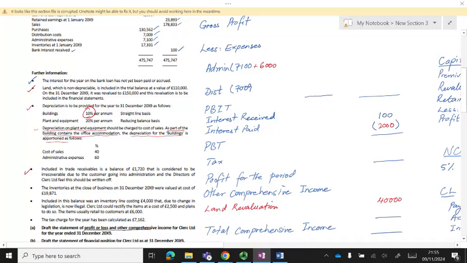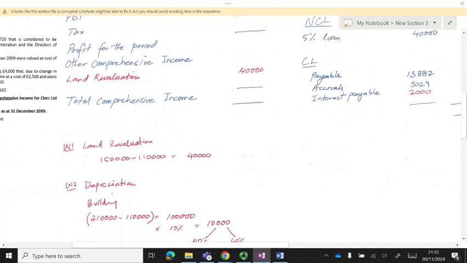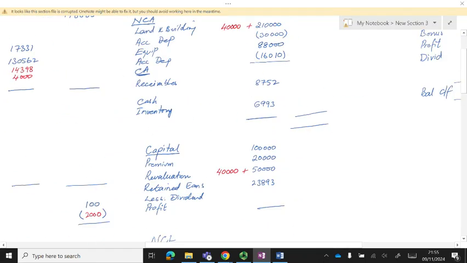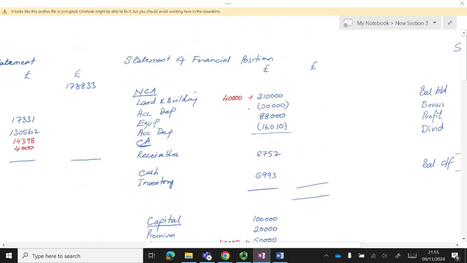Next, included in the trade receivables is 1,720. Oh, we also have to subtract these depreciations from the asset. So we are going to add them to the existing depreciation figures.